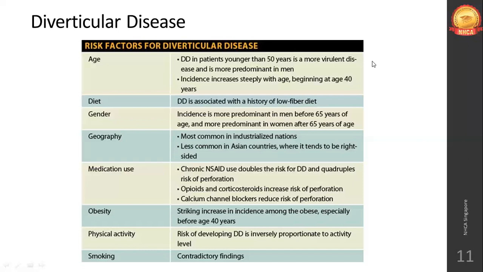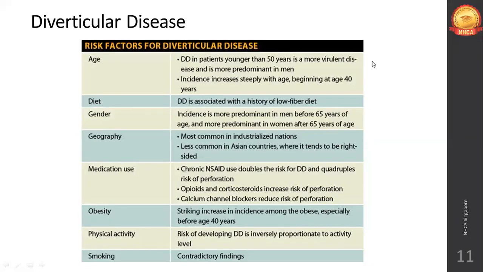I'm not sure why they have mentioned it right-sided. But in industrialized nations like any European countries, also Japan is an industrialized nation, so in that country as well, diverticular diseases risk is high. America as well. Developed countries have the most common risk of developing diverticular diseases.